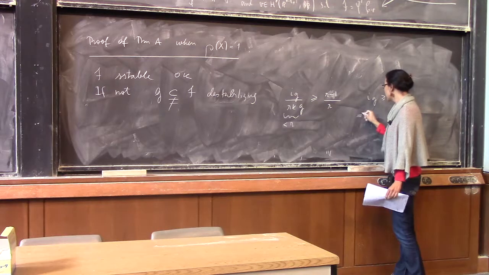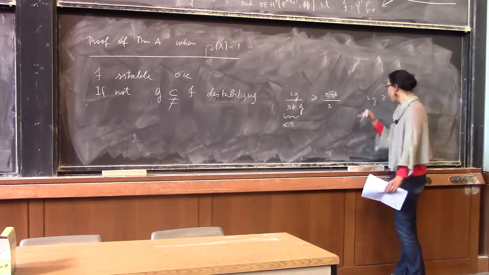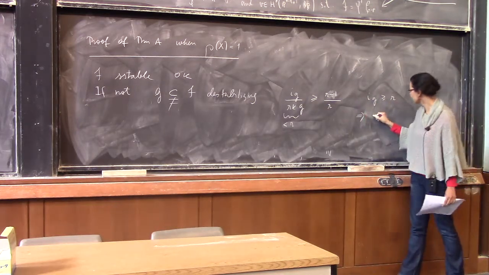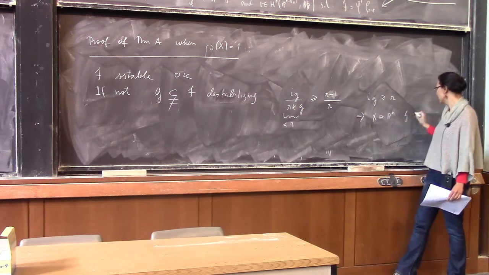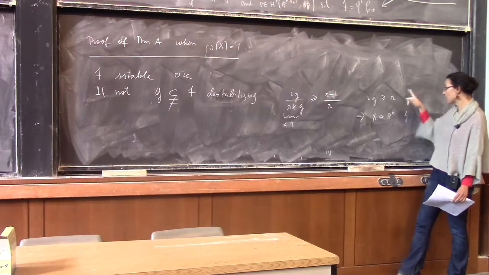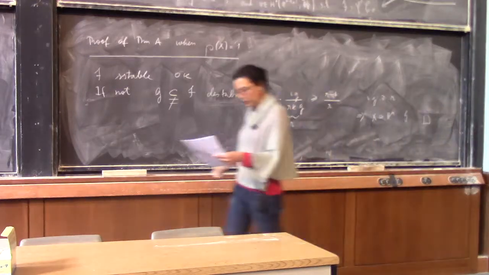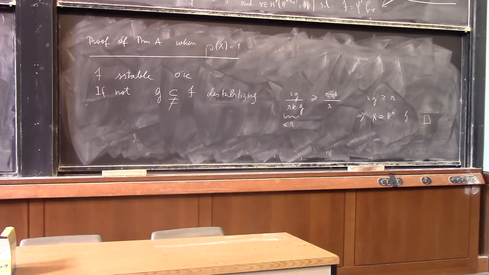But then we have seen that this implies, by the Kobayashi-Ochiai theorem for foliations, that X is isomorphic to P^n. So this is a contradiction. So this gives us the proof in the case of Picard number 1. Okay, so this was the first ingredient.